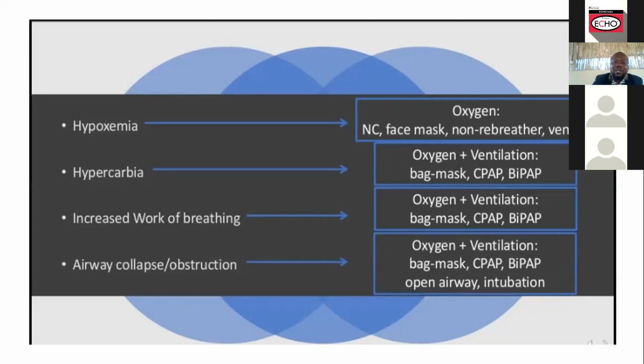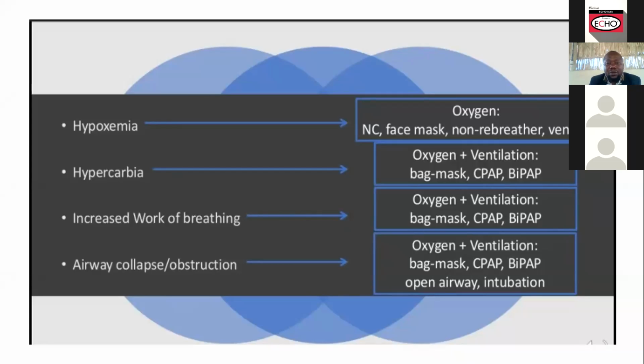I will not go into detail about which device you can use, because everyone in this audience knows how oxygen is delivered by different methods, as we discussed in previous sessions, how much oxygen you have to give, and which oxygen device to use until intubation, etc.